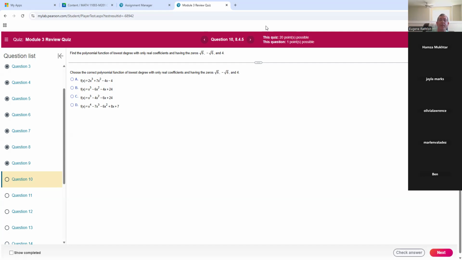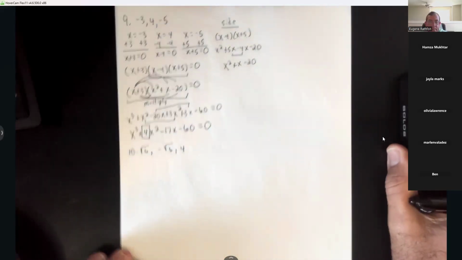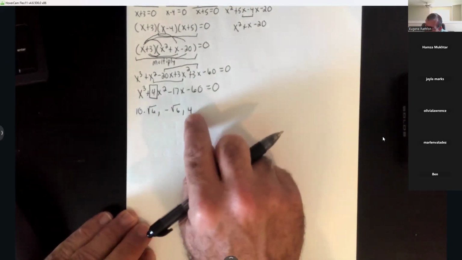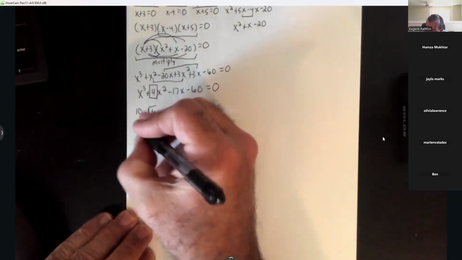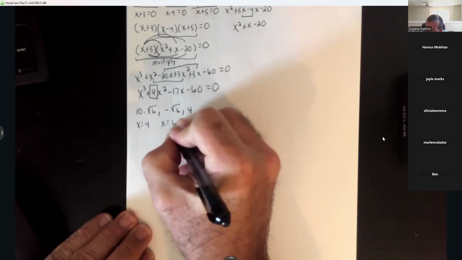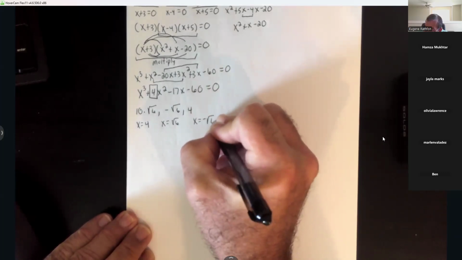So let's go see what we get. Hey, y'all, so me, I'm a little pickier on these ones. I like to bring my real number out front, so I'm going to do my x equals 4. Then I'll do my x equals square root of 6, x equals negative square root of 6.